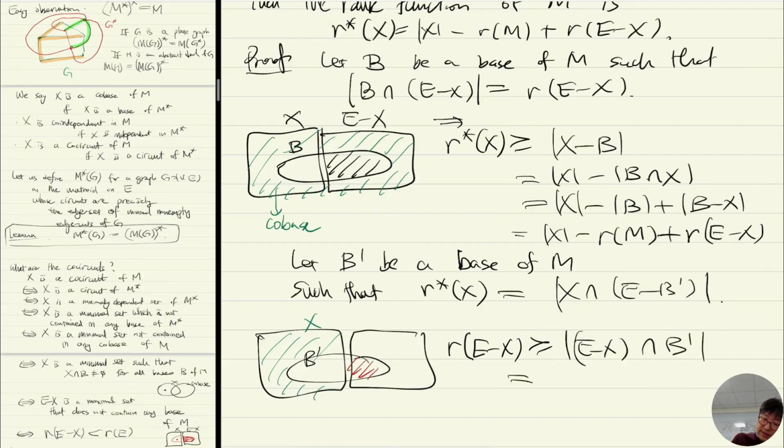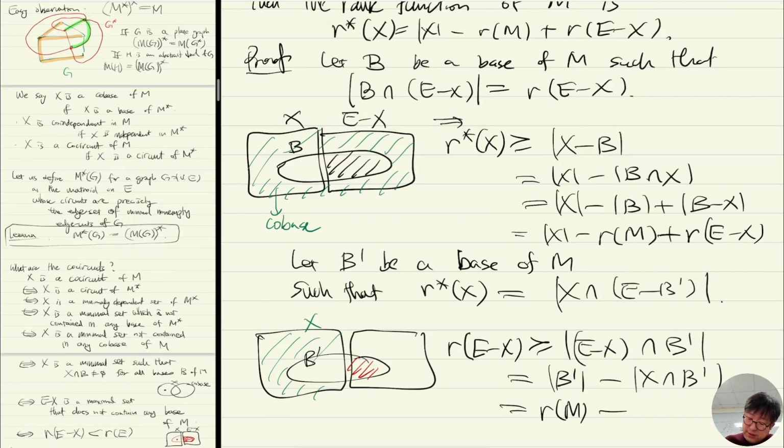Because this is an independent set. And what is it? Well, another way of saying it, B prime minus X intersection B prime, and the size of B prime is equal to rank of M minus X intersection B prime.